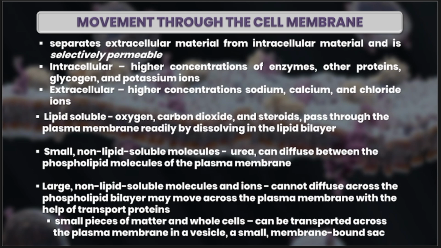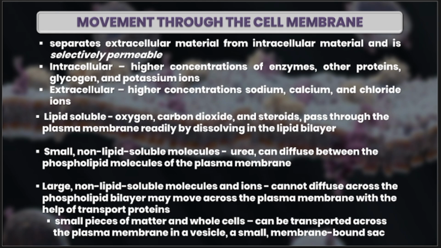Again, selective permeability is a very important property that is crucial for maintaining the internal environment of the cell. It will allow essential nutrients in while keeping harmful substances out of the cell. Transport proteins include your channel proteins and carrier proteins. They assist in moving substances that cannot diffuse directly through the lipid bilayer.